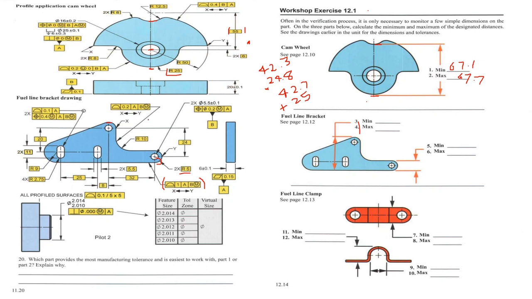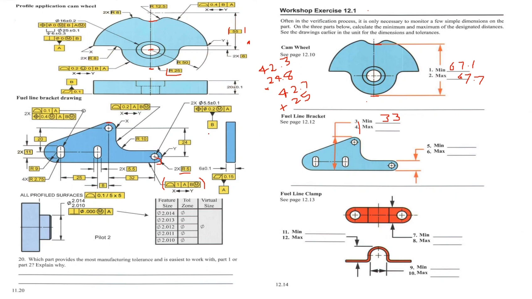So 24 plus 5 minus 0.5 plus 5 minus 0.5. So 4.5 plus 4.5, 9 plus 24. So the minimum value is 33.